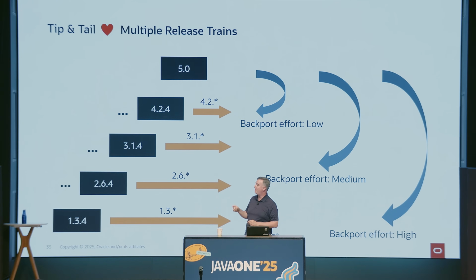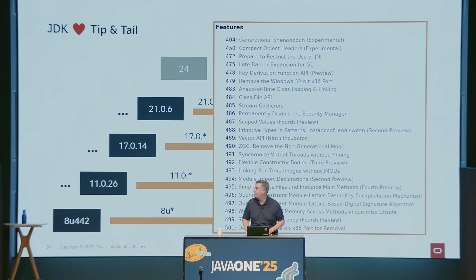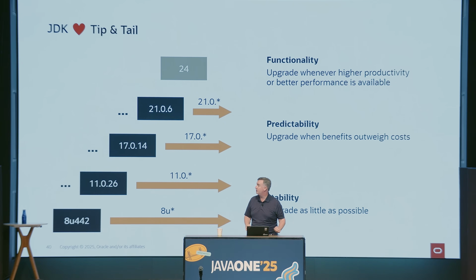Yes, by the time you're backporting from, let's go to, yeah, this is pretty good. By the time you're backporting from 11.0 something to 8U 400 and something, you may not have as many tests as you liked. Maybe the tests that were written for the thing you're backporting in the days of 17, maybe those tests rely on the new version of JUnit and you can't backport them.